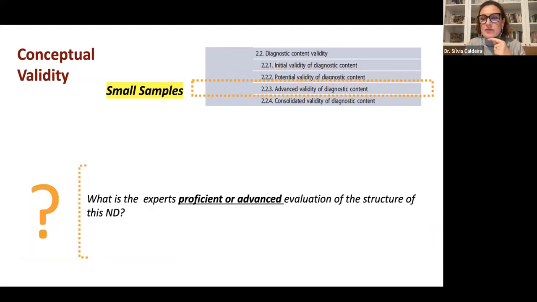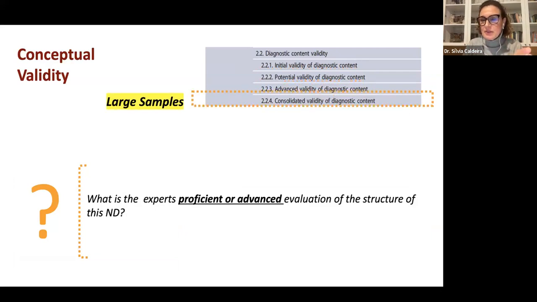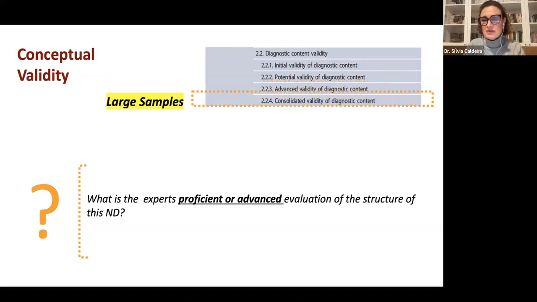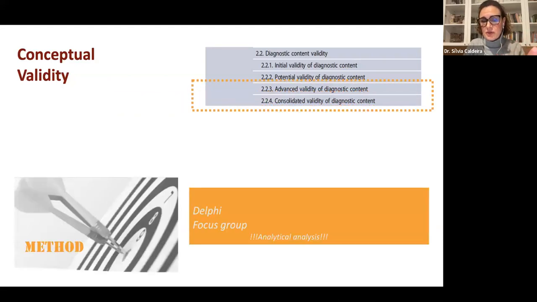When I'm moving to third and fourth, the difference is in the samples. You can see here small samples and large samples. The question is the same. What is the expert proficient or advanced evaluation of the structure of the nursing diagnosis? And we have in 3 small samples and large samples in the 4.